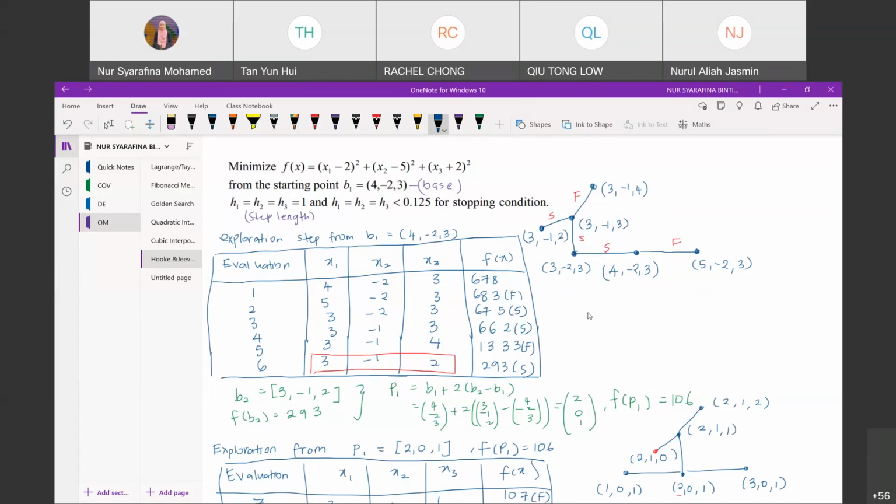The new example here? 78? You got 78? Okay, let me check.